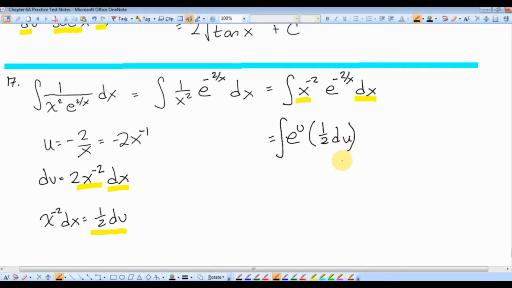Where do we have the 1/2? Oh yeah, we don't. What's the antiderivative of e to the u? Yeah, e to the u.